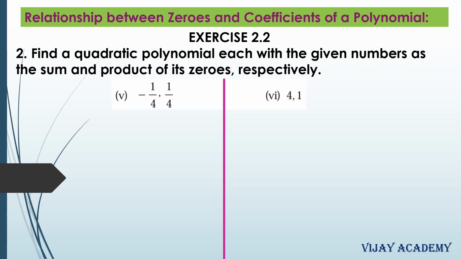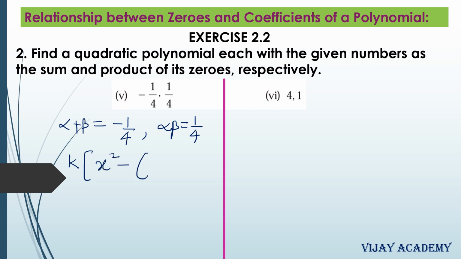And next we have, in question number 5, the sum of the zeros alpha plus beta is minus 1 by 4 and the product of the zeros alpha into beta is 1 by 4. So substituting this in the quadratic polynomial, k times x square minus of minus 1 by 4 times x plus 1 by 4. So let us simplify this.